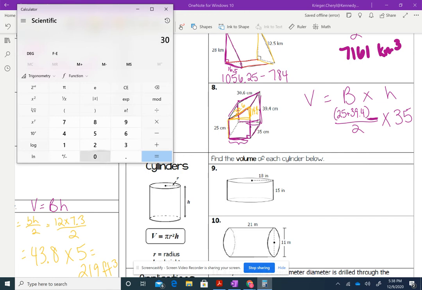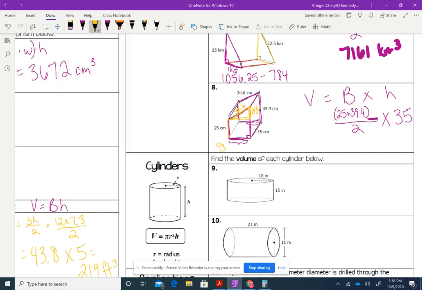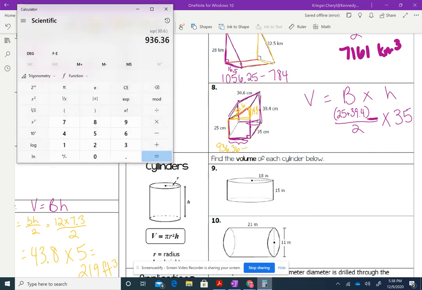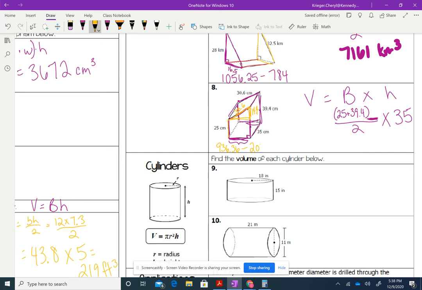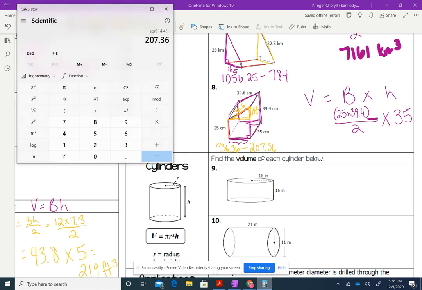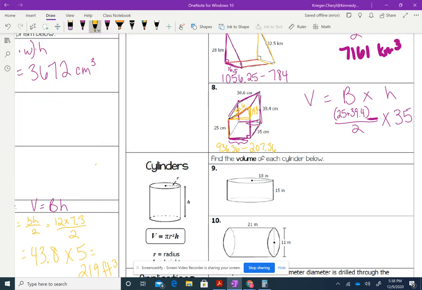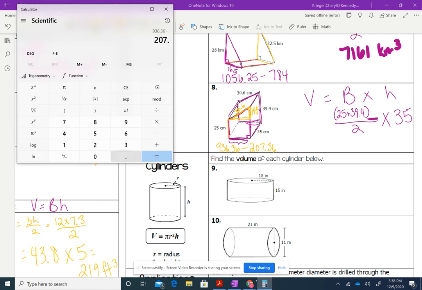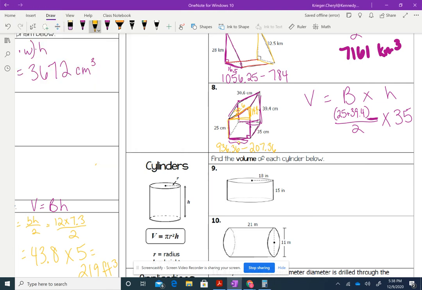So 30.6 squared, 936.36 minus 14.4 squared, 207.36. 936.36 minus 207.36 is 729, and the square root of that is 27. Okay, so the height of my trapezoid is 27.